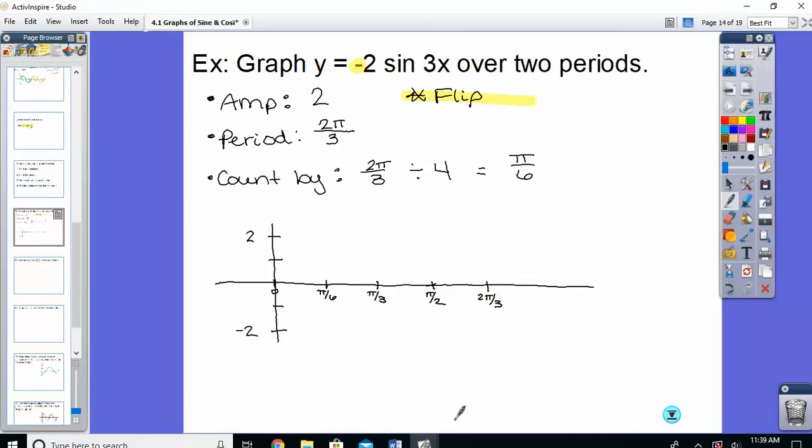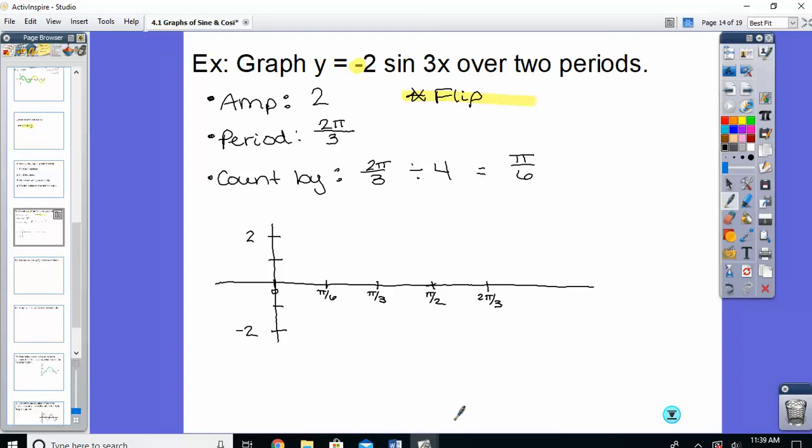And notice we've seen that 2 pi over 3 before. We said that was our period. We said that's how long it would take to repeat. So it should work out that way. If you struggle with adding those things, you can use your calculator. You know, don't put in the pi's, but 1/6 plus 1/6 is 1/3. Plus 1/6 is a half. Plus 1/6 is 2/3. So you can get it that way.